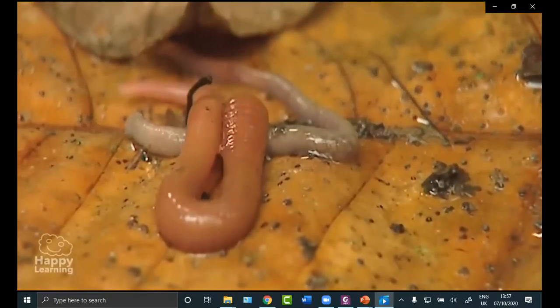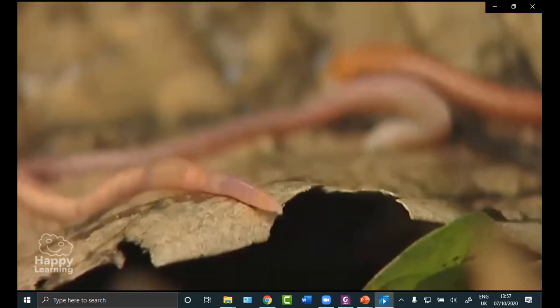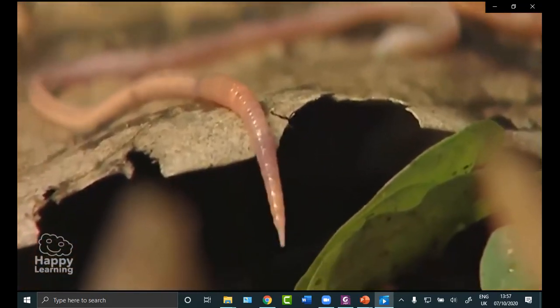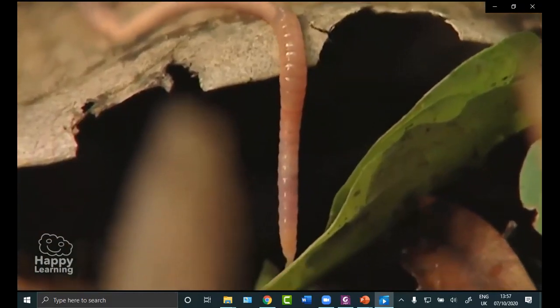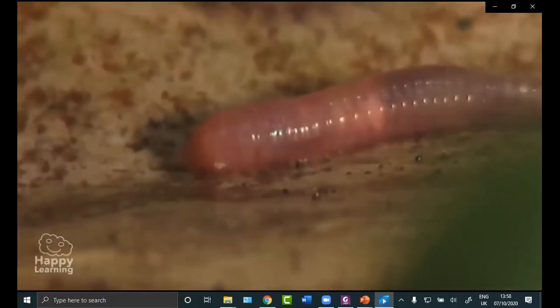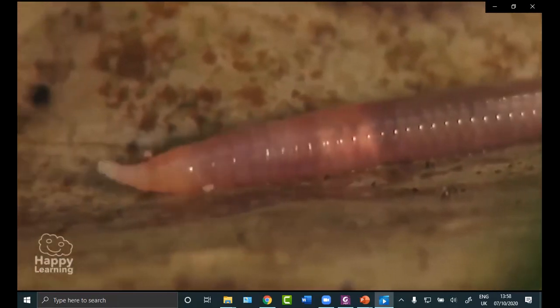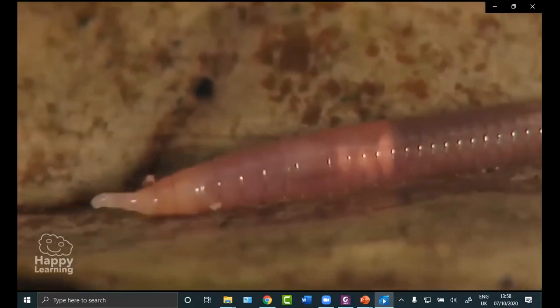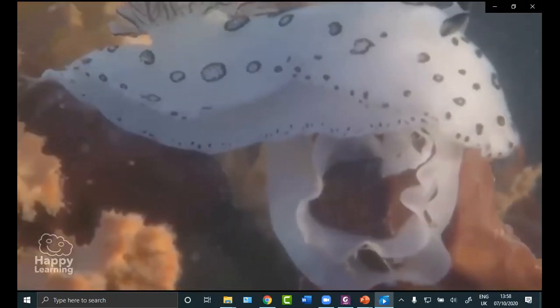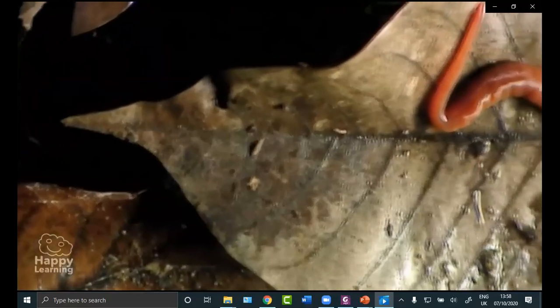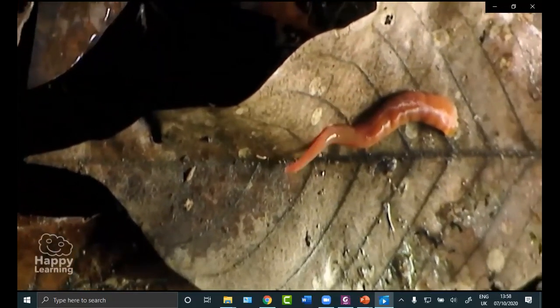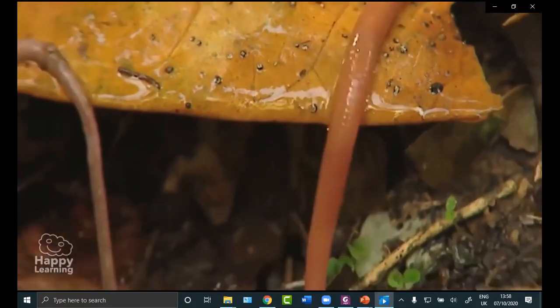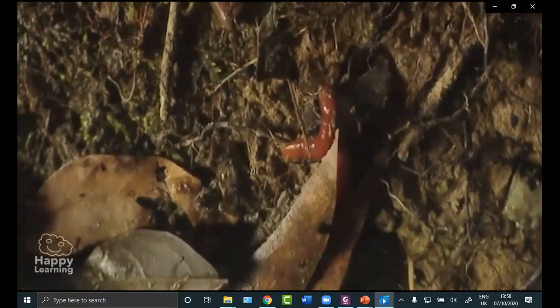Do you know this animal? Exactly, it's a worm. Worms are soft and long invertebrate animals that move by dragging their body in the ground because they have no feet. They can be aquatic or terrestrial. There are some worms that can be harmful, and that is why we must be careful with them.